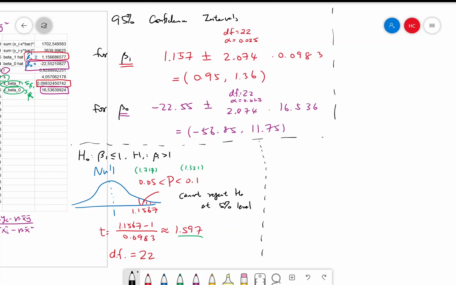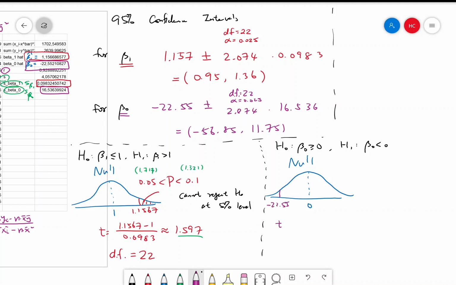And we can do a similar example for beta 0. If you want to do a hypothesis test where the null hypothesis is beta 0 is greater than or equal to 0, and H1 is beta 0 is negative, then the null distribution is a t-distribution with center 0, and our observed value is negative 22.55.